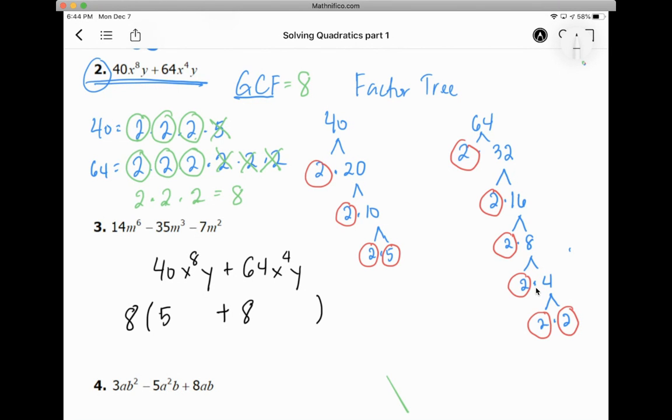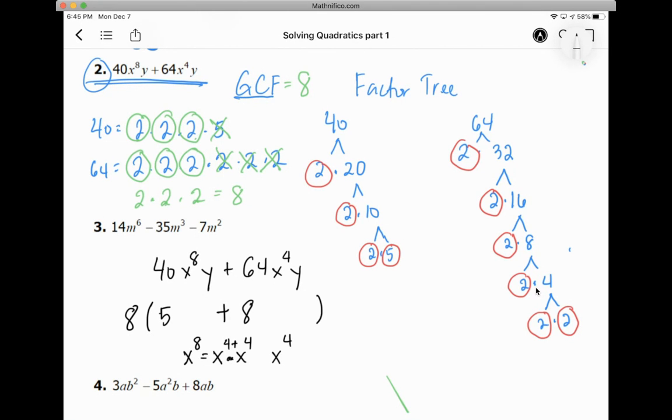But what about the variables? All right, let's break down the variables. I have x to the 8 and x to the fourth. By the law of exponents, I can say my x to the 8 is x to the fourth times x to the fourth, right? Because based on the law of exponents, you add the exponents when you multiply the same variables.